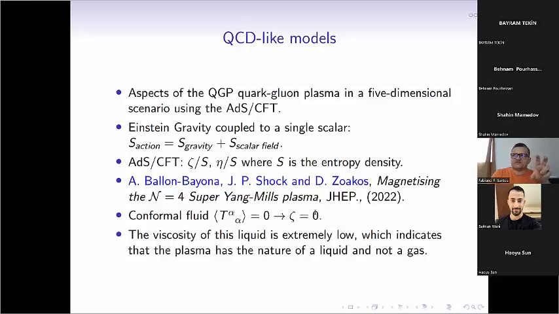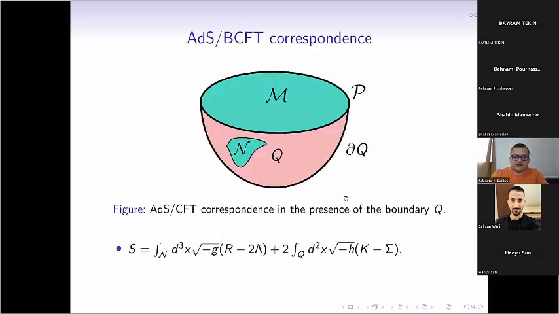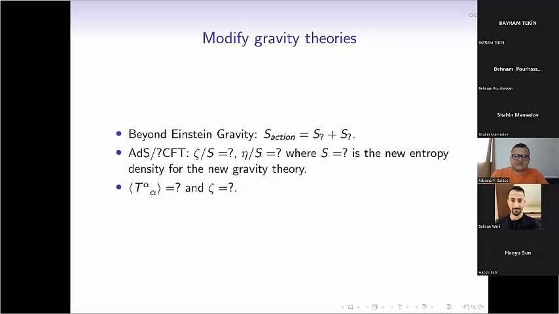But if we consider another theory of gravity, what happens? We change the gravity side and we change the boundary side, and with this, we can see what happens with the transport coefficients, like the shear viscosity and bulk viscosity.